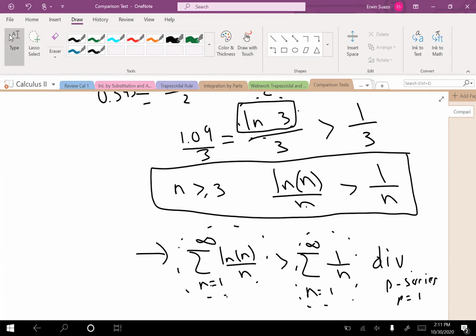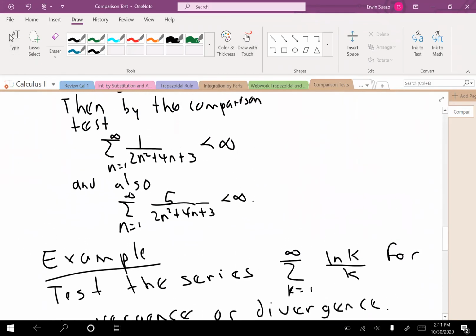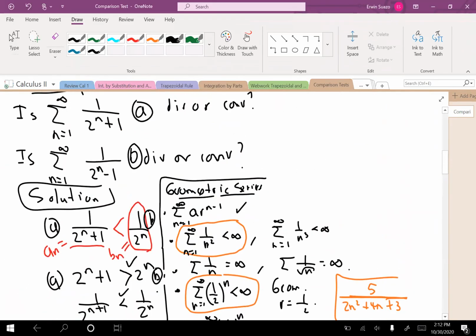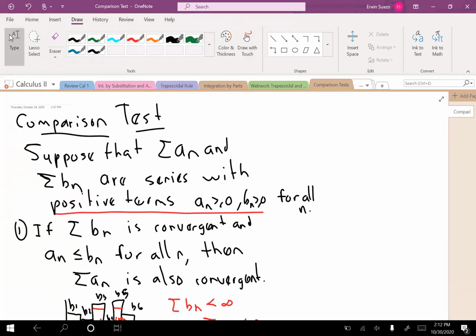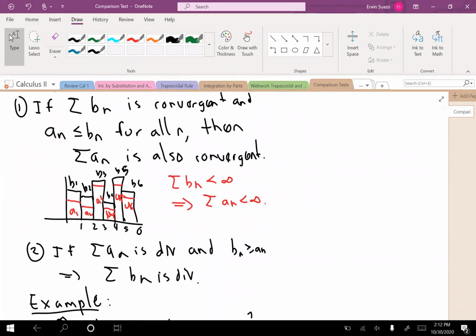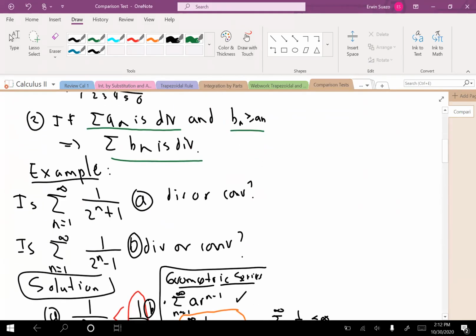Remember the comparison test: if b sub n is bigger than a sub n, and the sum of a sub n is divergent, then the sum of b sub n is divergent. So by the comparison test, it is divergent.